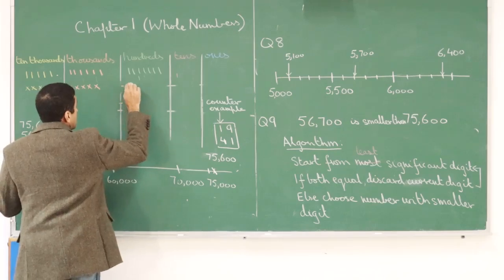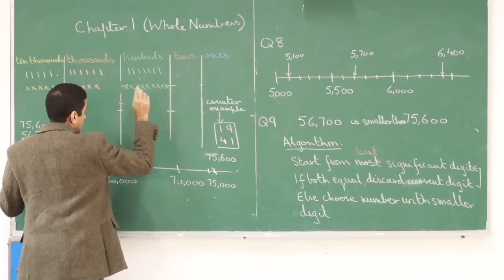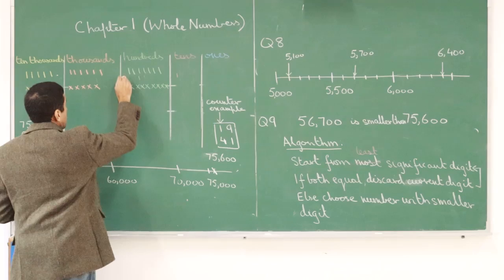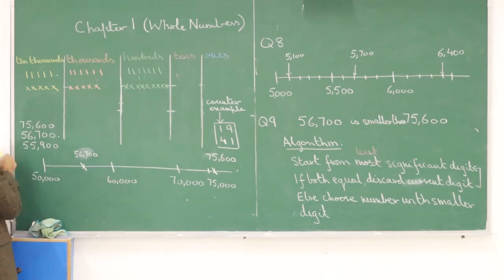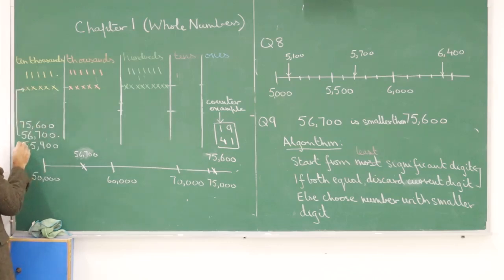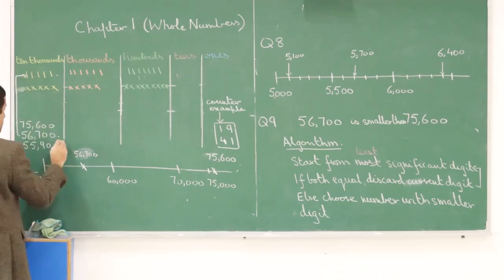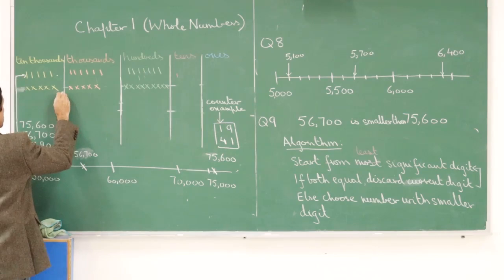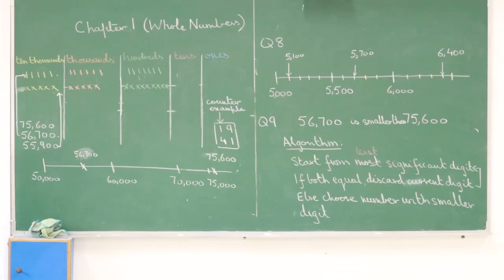This is 9. 1, 2, 3, 4, 5, 6, 7, 8, 9. Okay? All clear? Yes. Sorry, I should have done this. The top number represents 56,700, and, sorry, what did I do? No, this is wrong. So this represents 56,700, right? And this represents 56,000. This is 55,900. Okay? Agreed?